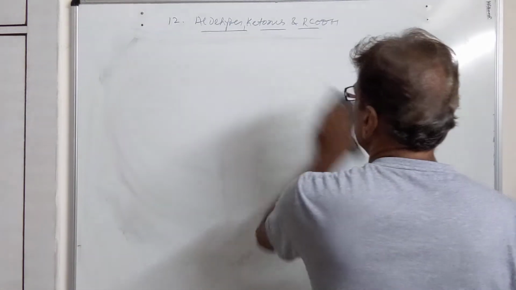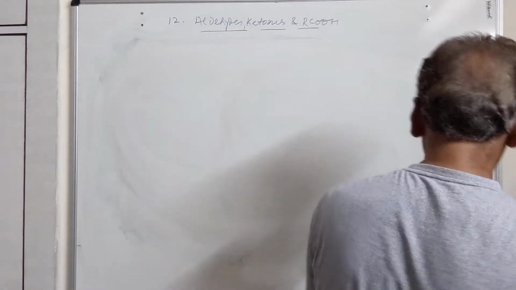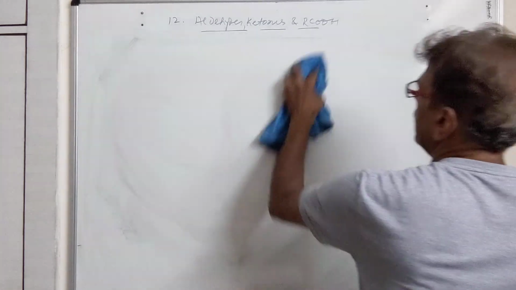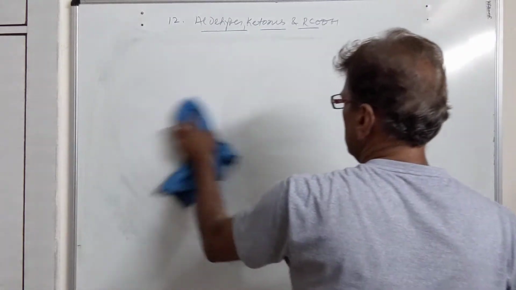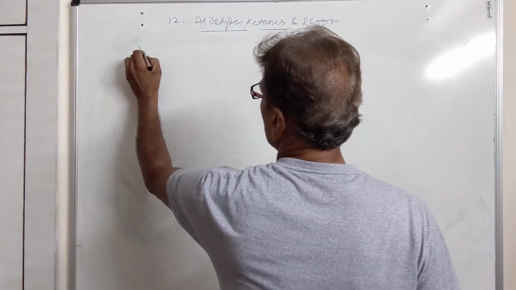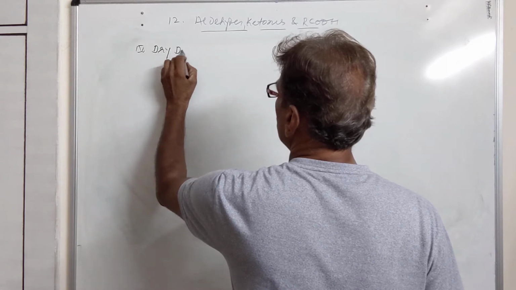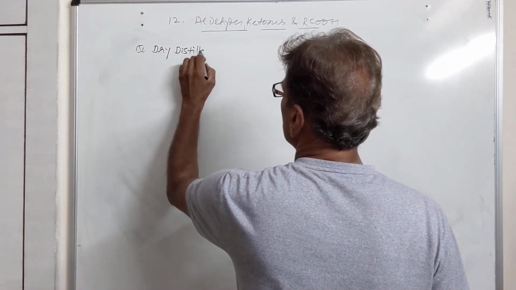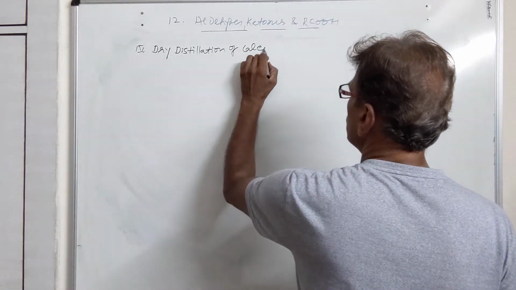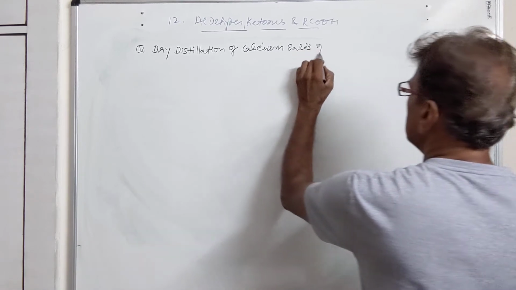And then we have dry distillation of calcium salts of fatty acids. When calcium salts of fatty acids are dry distilled, they can produce aldehydes and ketones. So this is our fourth method, dry distillation of calcium salts of fatty acids.